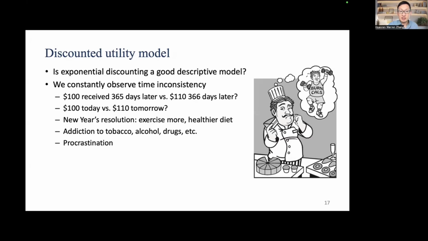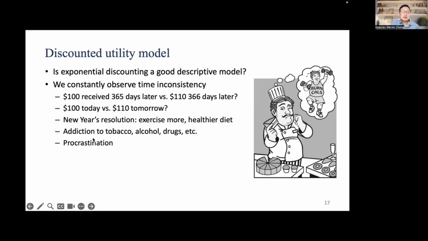In this decision, most people would want to wait this one extra day to receive this additional $10. But if you ask a quite similar question, do you want to receive $100 today versus $110 tomorrow? Most people would actually choose $100 today, something certain, to eliminate the uncertainty. So that's one example of time inconsistency.